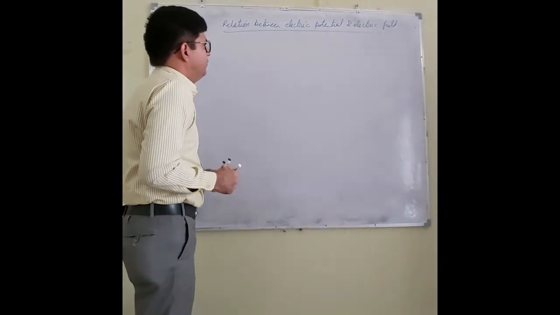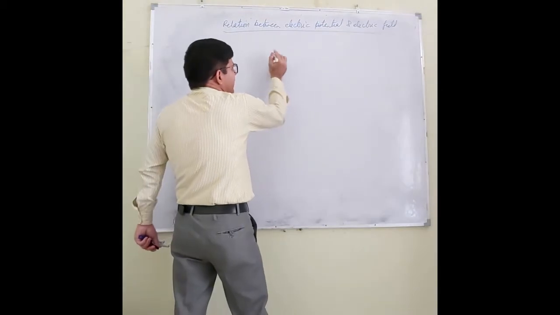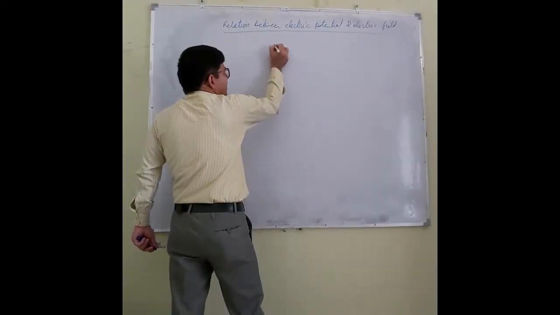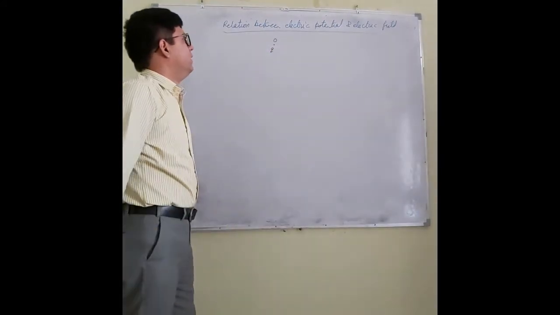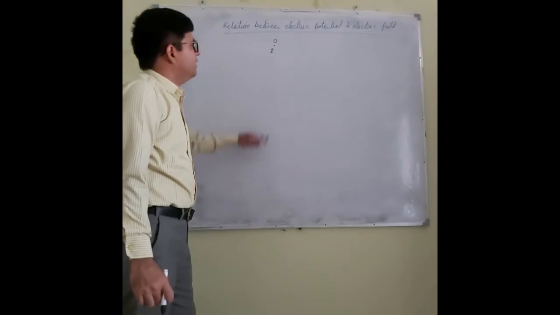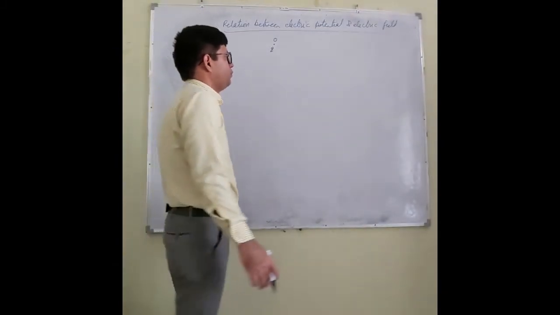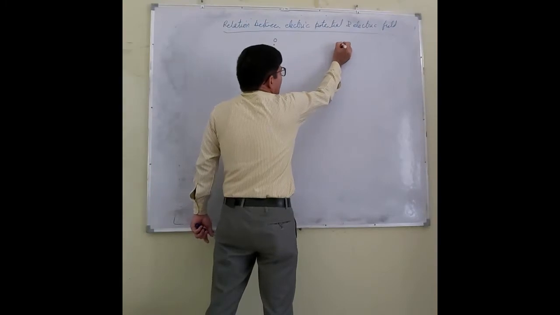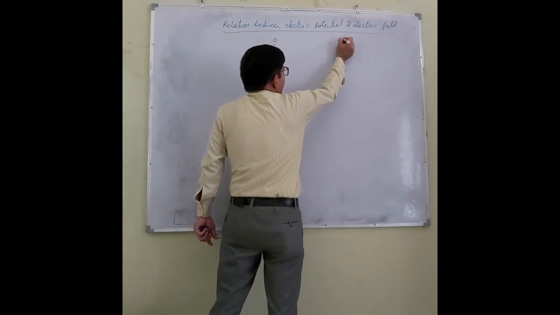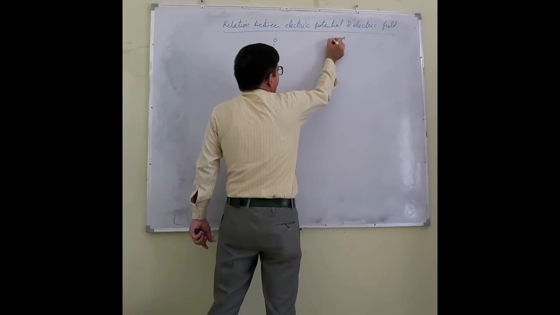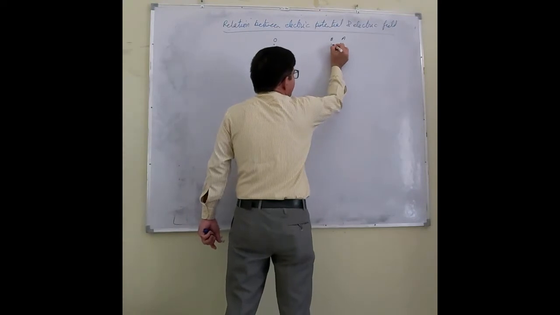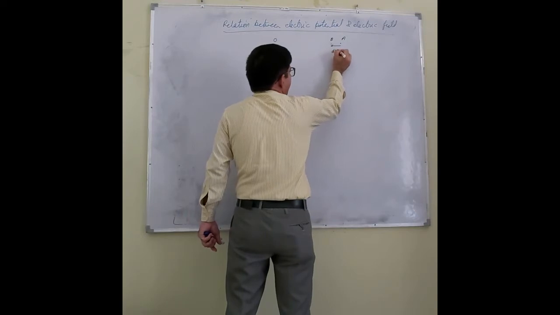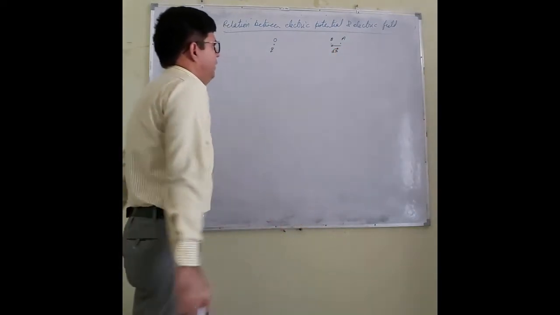To do this, let's consider a charge Q at point O. Now, there is a point A and there is a point B, such that the separation between these 2 points is dr, right?